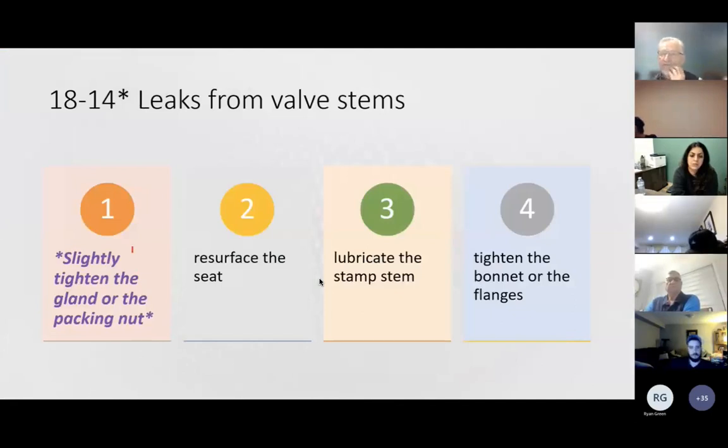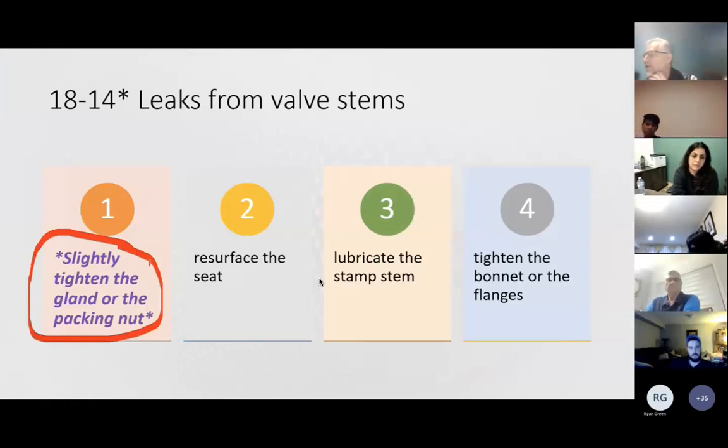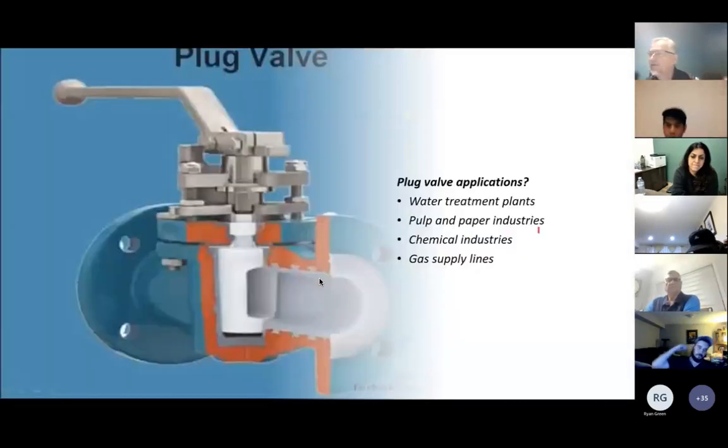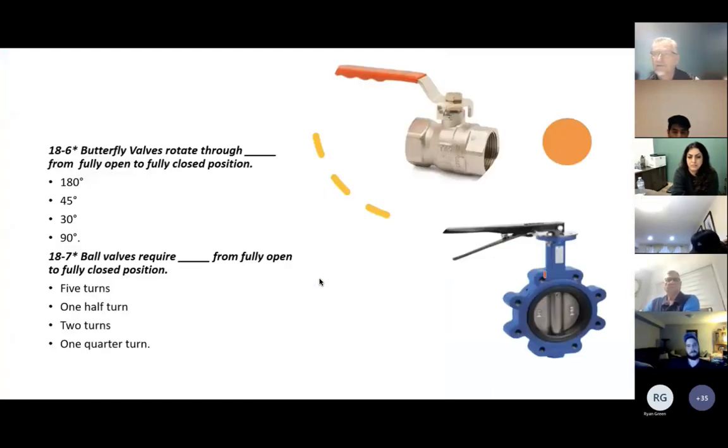Leaks from valve stems normally are easily repaired by slightly tightening the gland or the packing nut. Okay, just a couple of slides. Plug valve applications: water treatment, pulp and paper, chemical, and gas isolation valves.